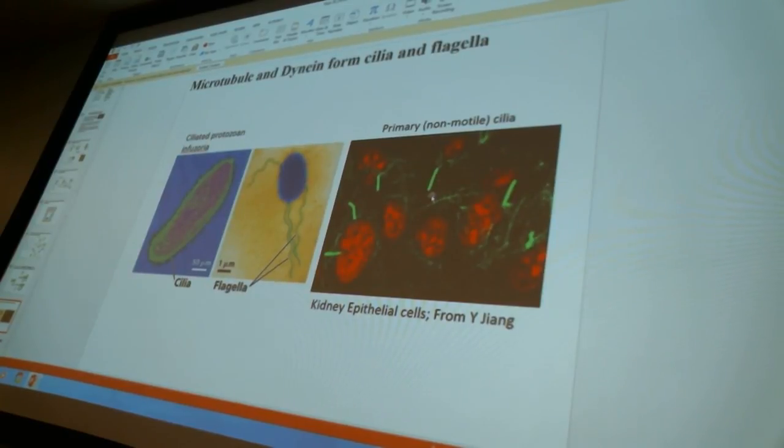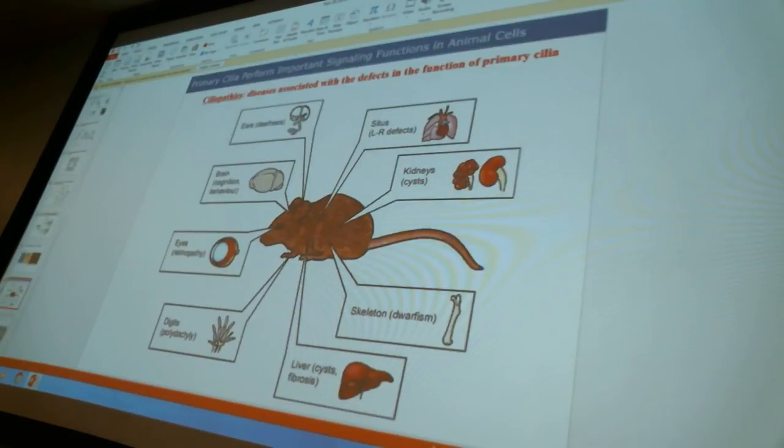This little antenna, or tail, will again contain microtubules, and it's not going to move, but it's quite critical for sensing things around. So basically, these are cellular sensory organs. We have five sensory organs, like smell, touch, vision, but this is what cells have to assess what's happening. And this is very rapidly growing research currently.